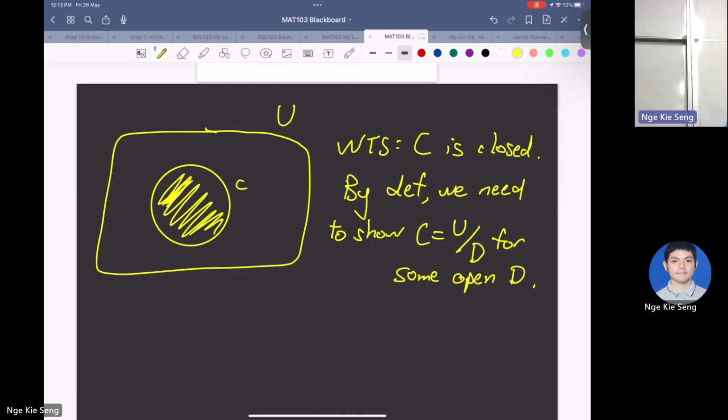Some sort of complement of U. Can you find the open set D such that after you take U minus D, you get C?